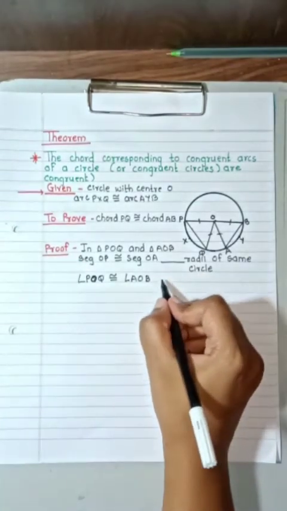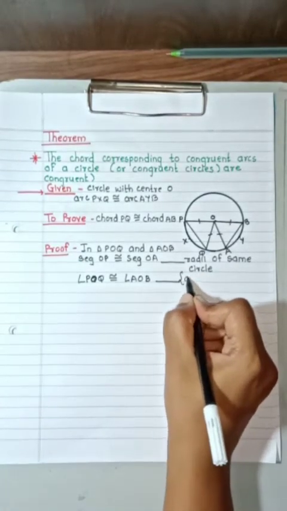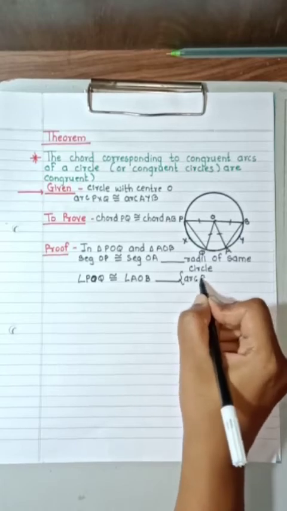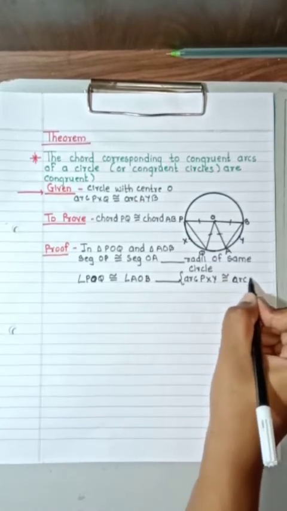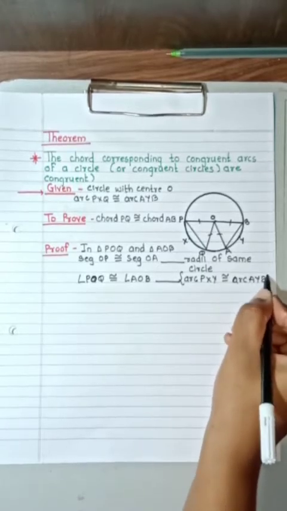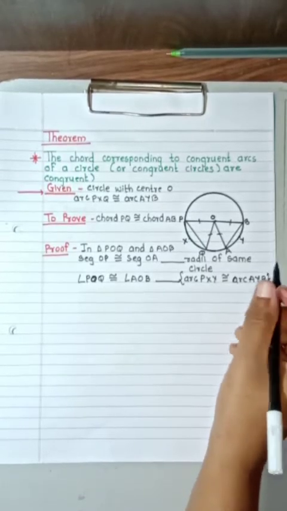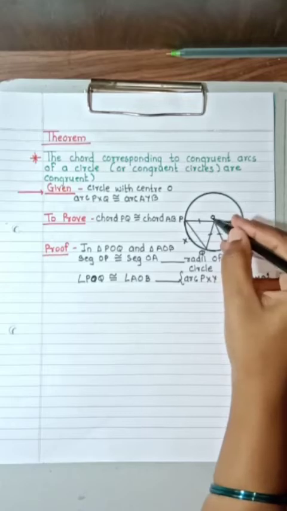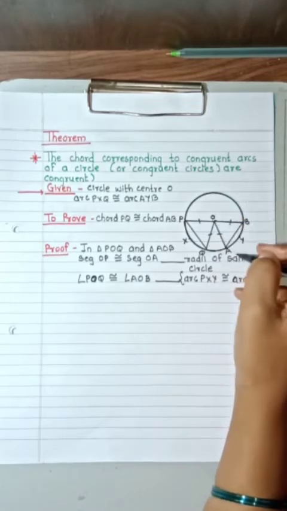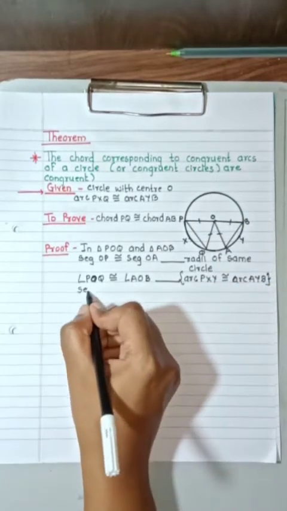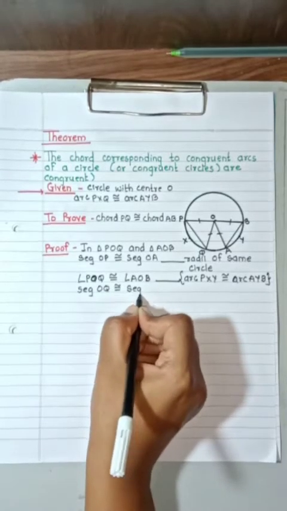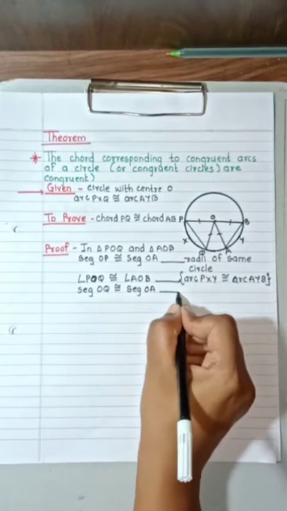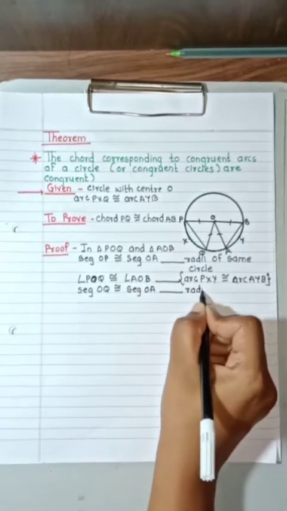Why are they congruent? As arc PXQ is congruent to arc AYB, which is given to you all. After that you can say seg OQ is congruent to seg OB. Again it is the radii of the same circle.